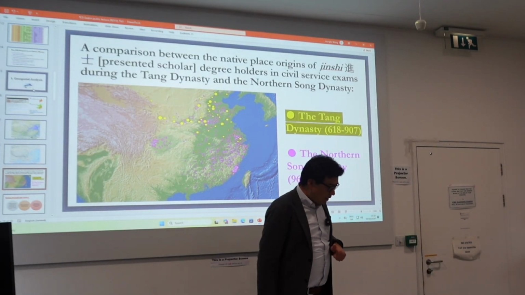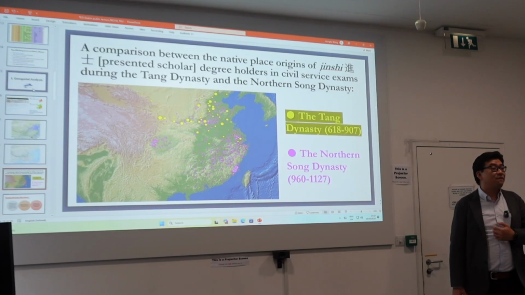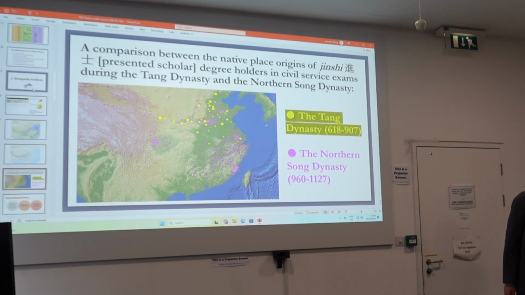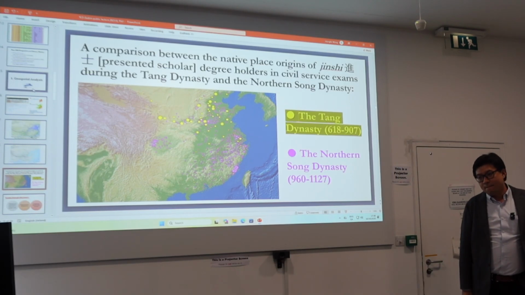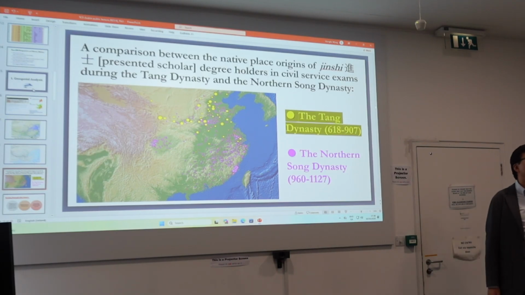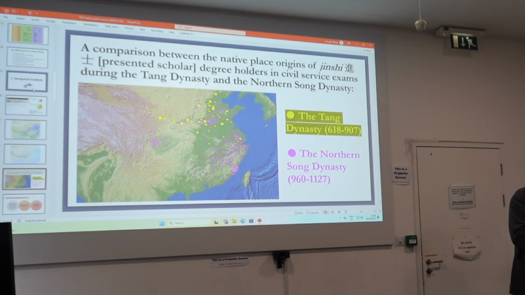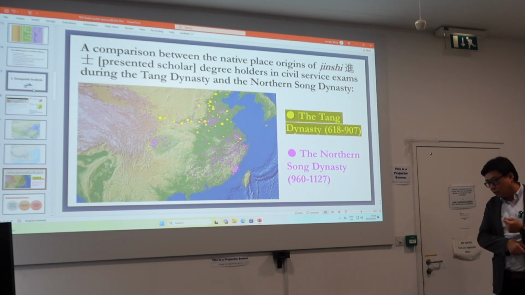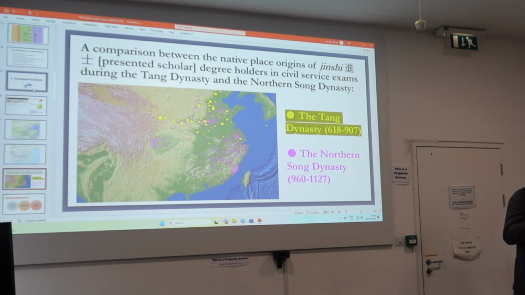Another classic problem in my field of middle period China would be the role of the civil service examinations. What sort of social function did it perform? How much social mobility did it enable? Back in the mid-20th century or so, social historians used registers of 进士, the presented scholars, basically the highest level of civil service exam takers, to gauge how the civil service examination system enabled them to rise in society.